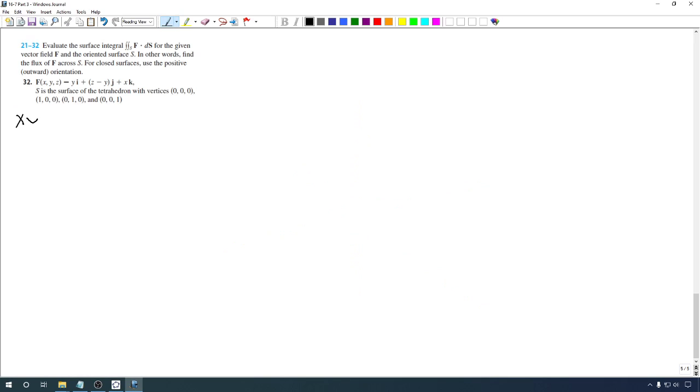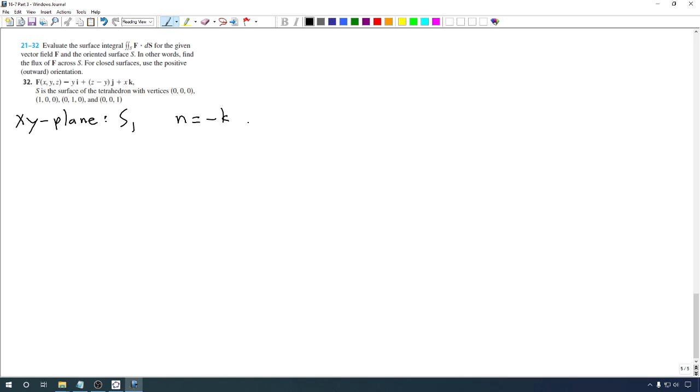So, let's say for the xy plane, which I'll go ahead and call S1, we can take our unit normal here to be negative k. Note that k could also be an orientation if we wanted it to, but since we don't want it to point inward, we need to pick that negative k.